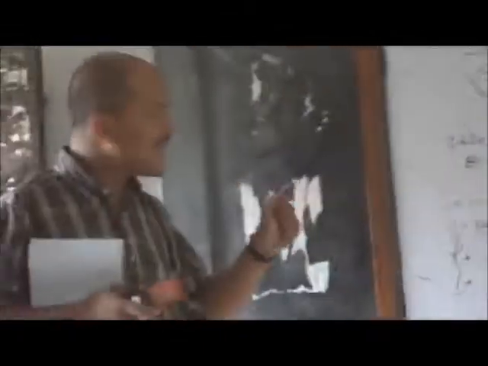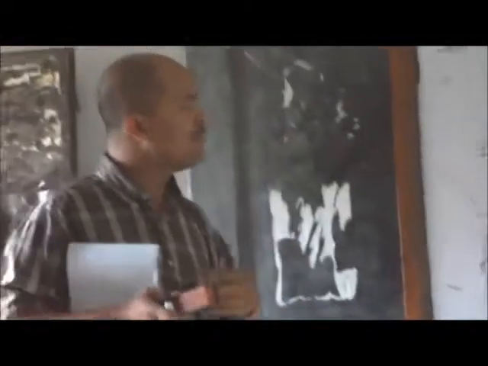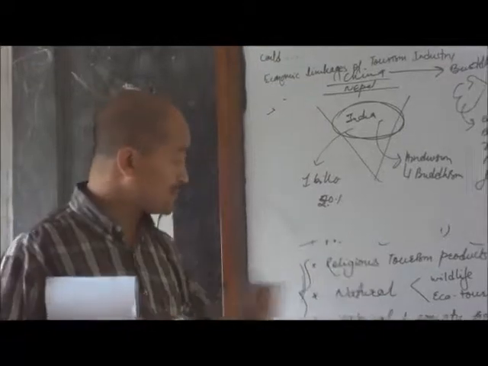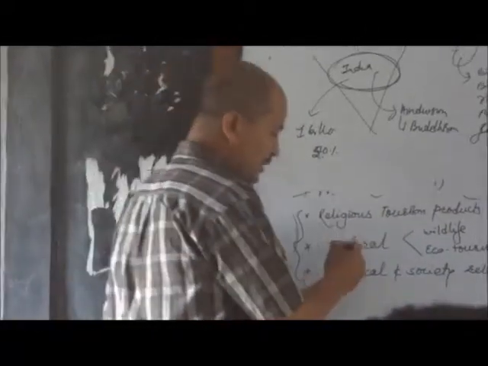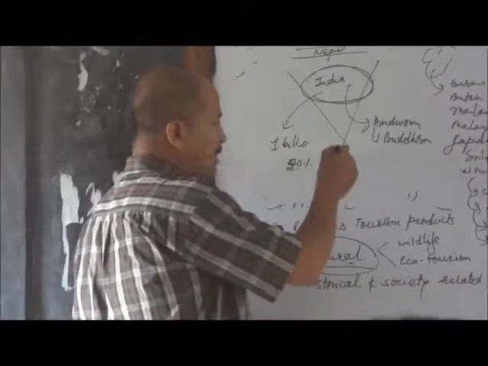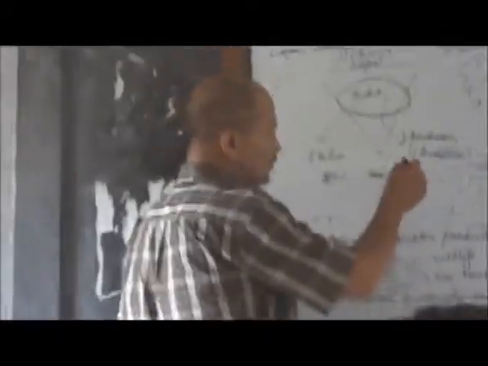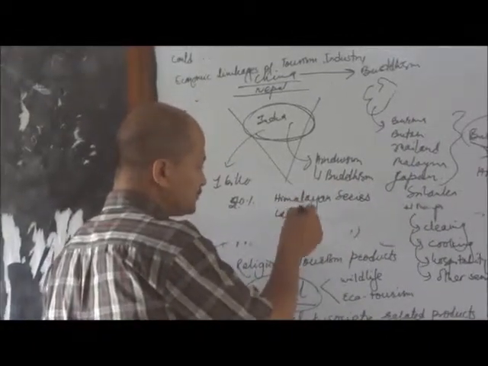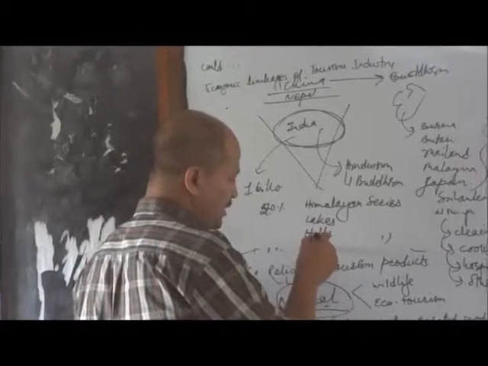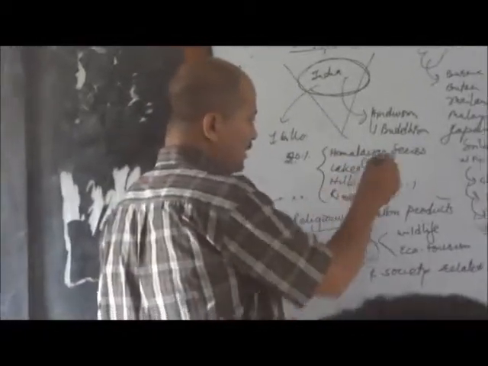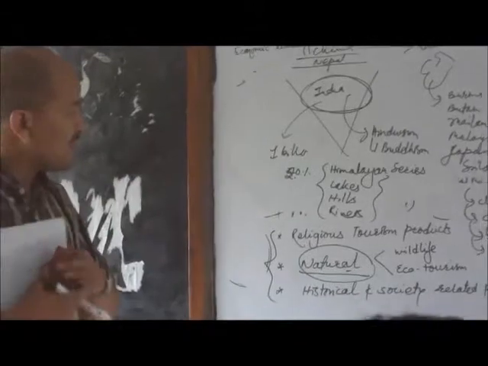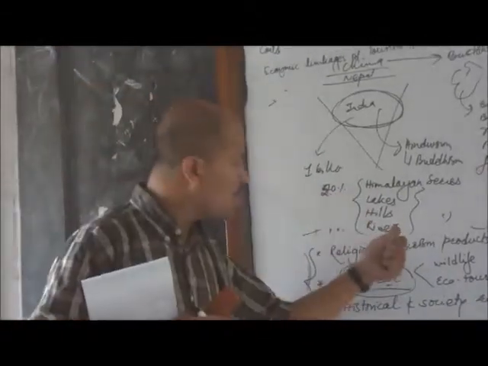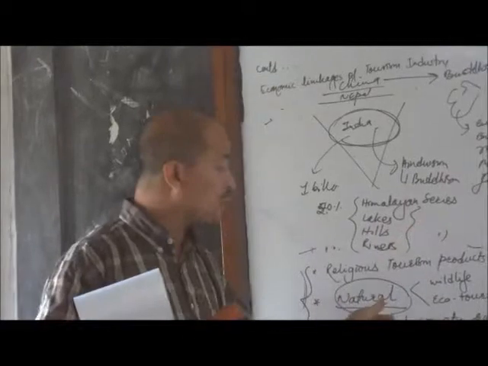That is our reality. But if we observe Chinese tourists, we have improved by an additional 8%. Now in the case of natural products, we have Himalayan peaks, and lakes, hills, and rivers. These beauties cannot be found all over the world, but these are very unique in our country.